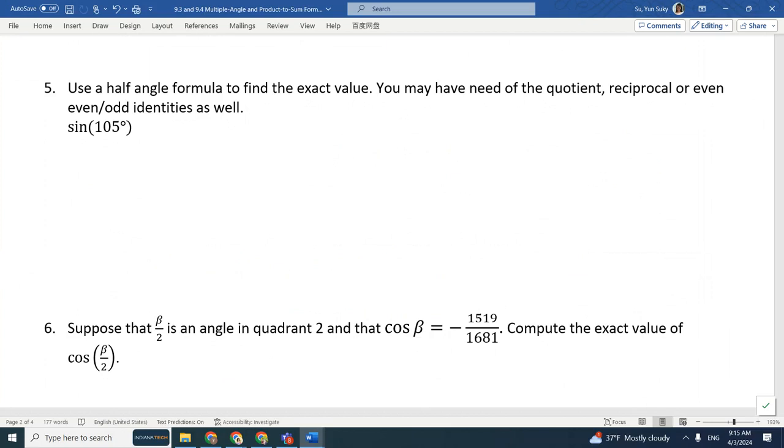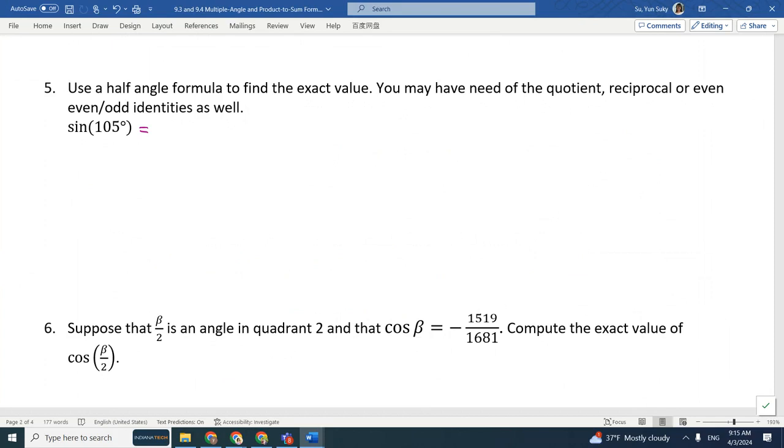Number 5, use a half angle formula to find the exact value. You may need the quotient, reciprocal, or even odd identity as well. All right, so look at this one: sine of 105 degrees.